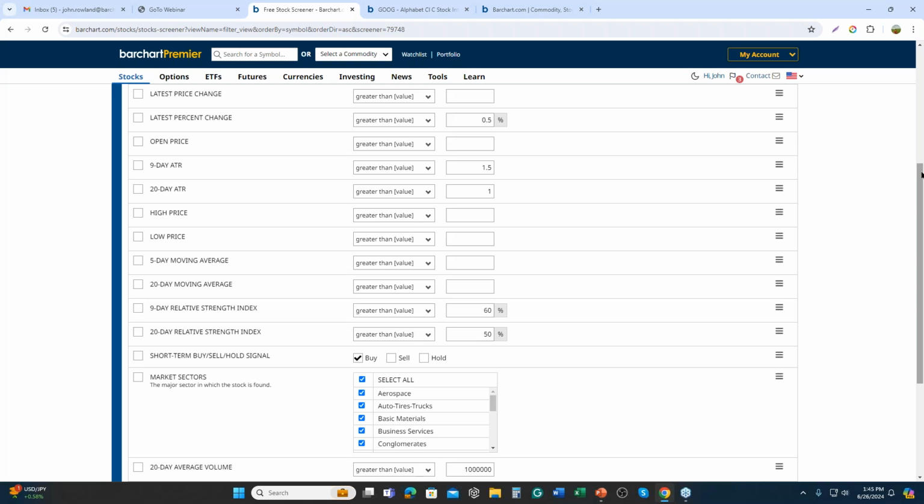You might say, I just want to see it up maybe 0.1%, or maybe 0.25%. Or you might say, I'm going to set this trade up on a bullish bias, but I'm looking for buying opportunities. So maybe I want to see a lower percentage, maybe 0.25% lower, right? A little dip before a rally.